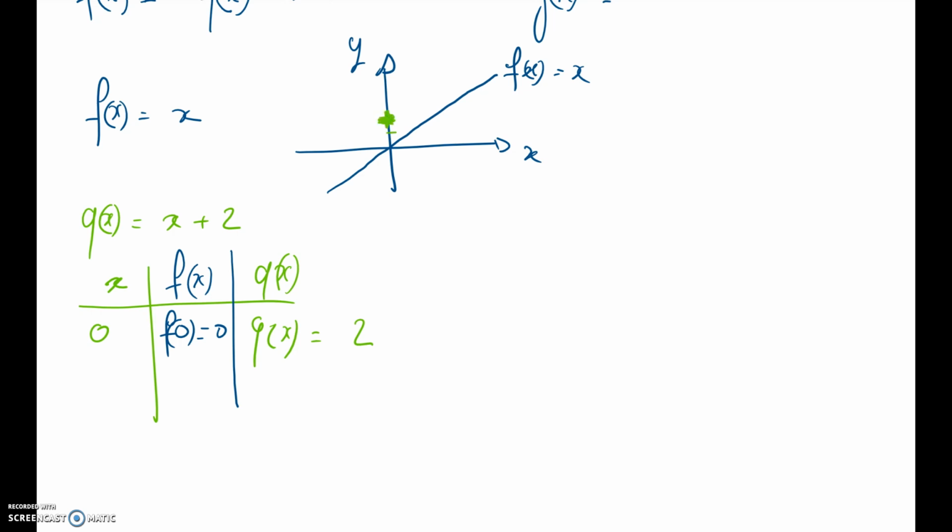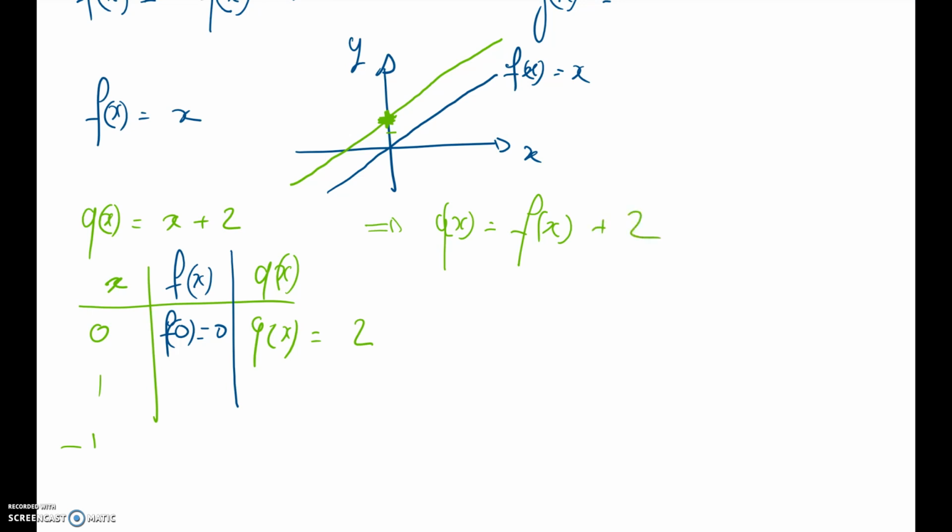If I do that for every value of x that I want to take, 1, negative 1, I'm going to realize that g of x is right here. What do I see? I see that g of x is equal to f of x plus 2.